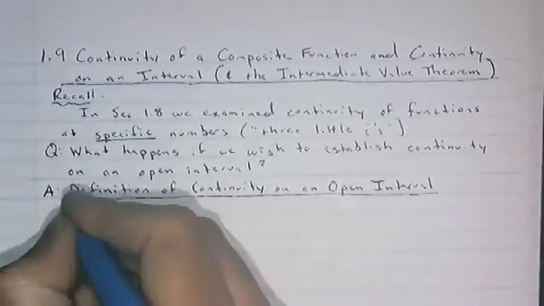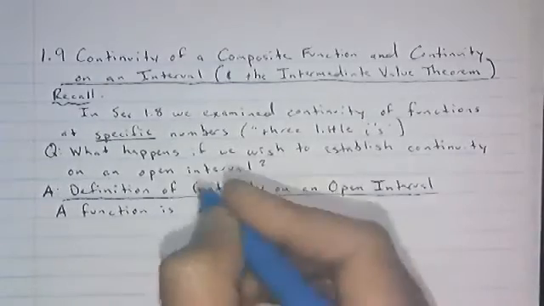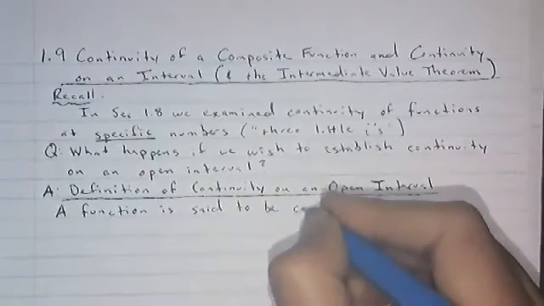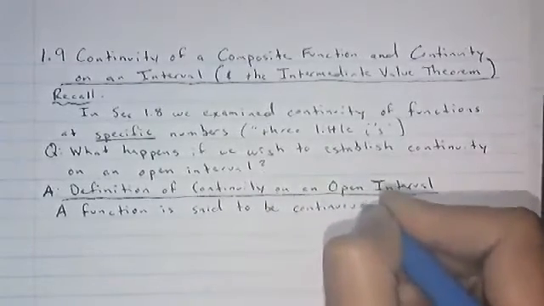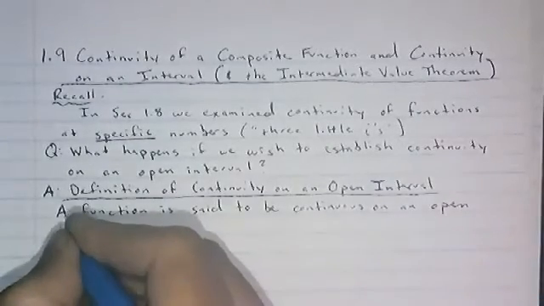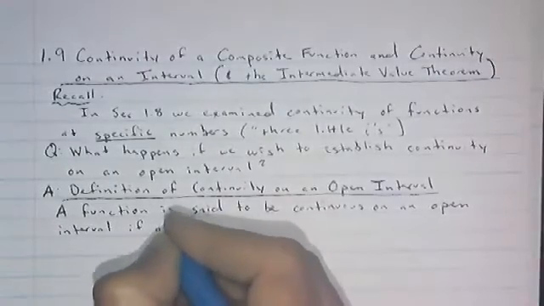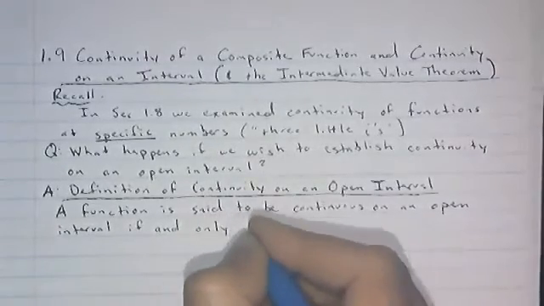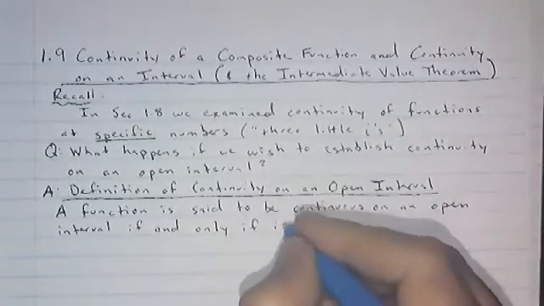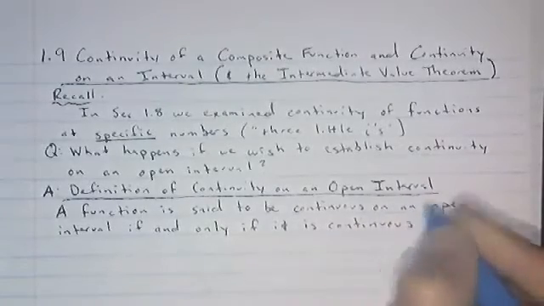A function is said to be continuous on an open interval if and only if it is continuous at every number on that interval.